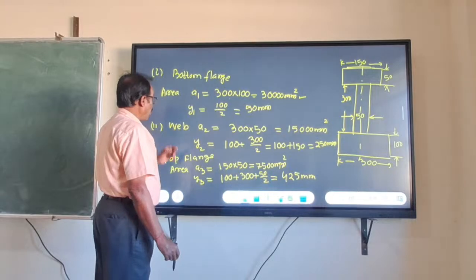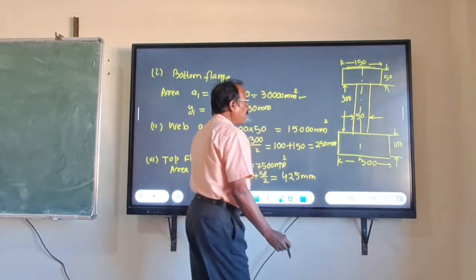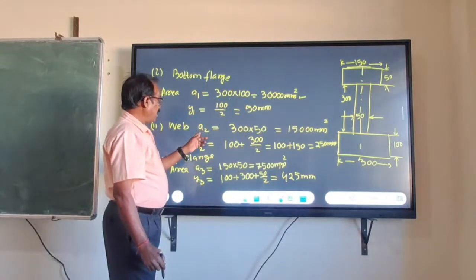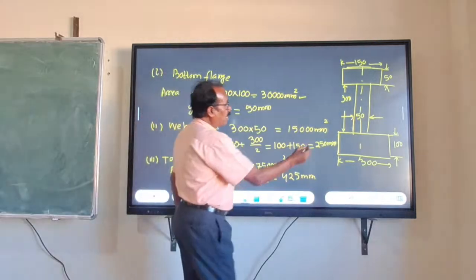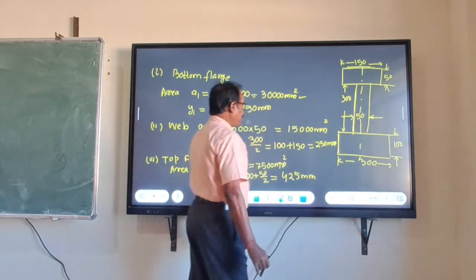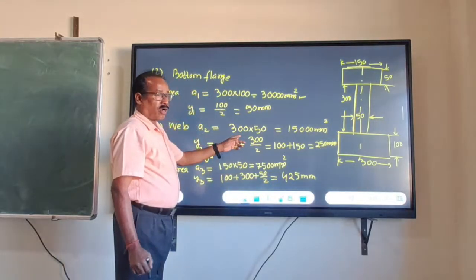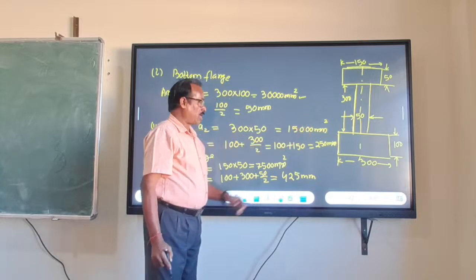Then the web. A2 is the area. A2 is equal to 300 into 50 because this length is 300, this width is 50. Therefore, 300 into 50 is equal to 15,000 mm square.